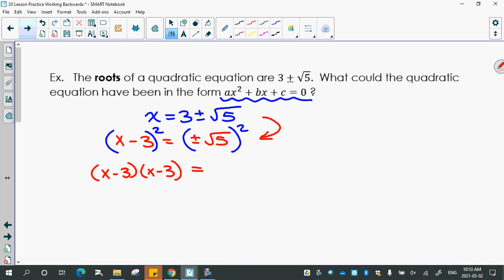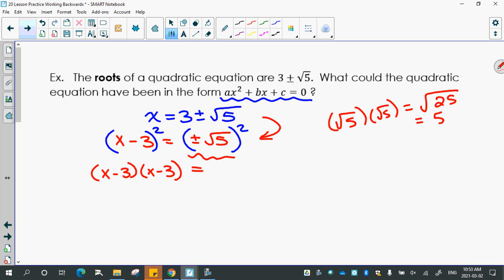Now, what is this side? Close. Root 5 times root 5 is the root of 25, which is 5.